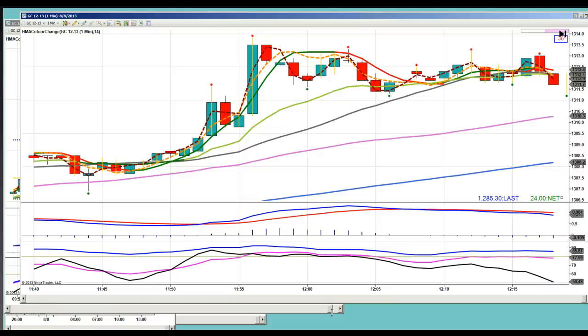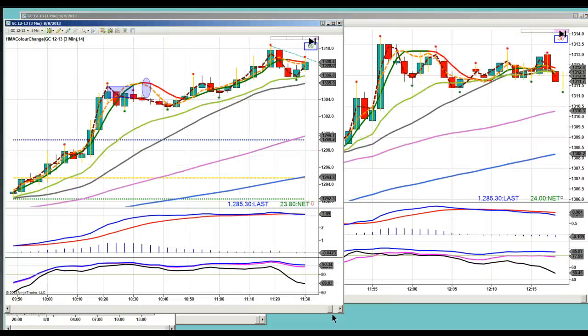Well, let's put it this way. There's 3 different types of counter trends you can do in terms of timing.